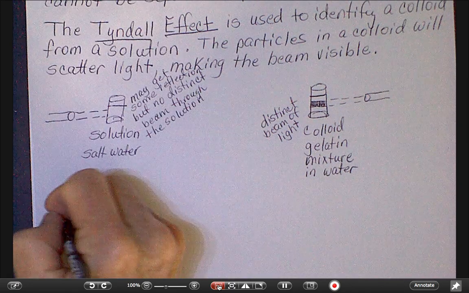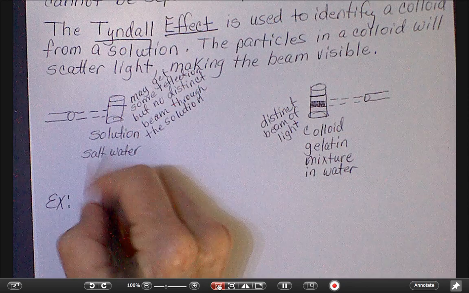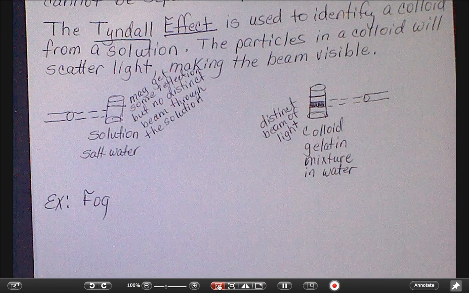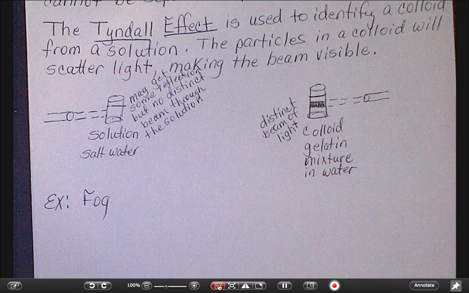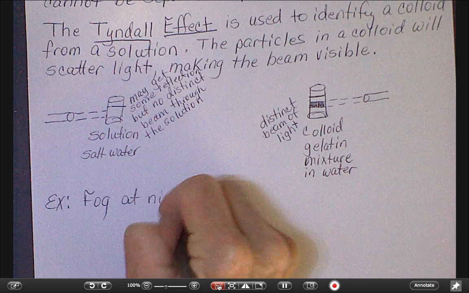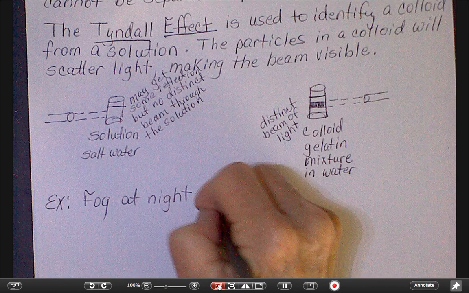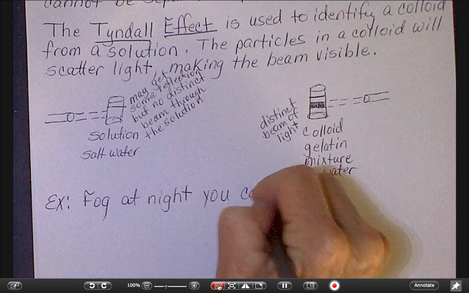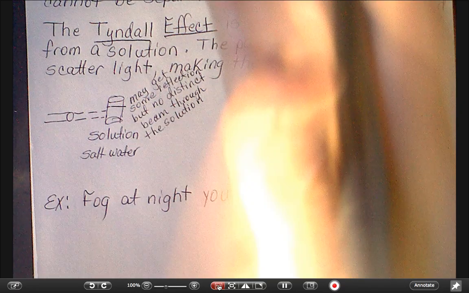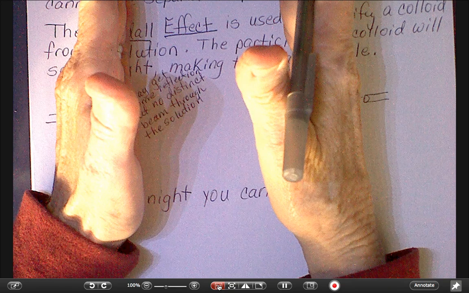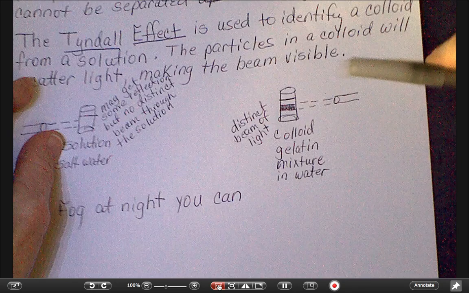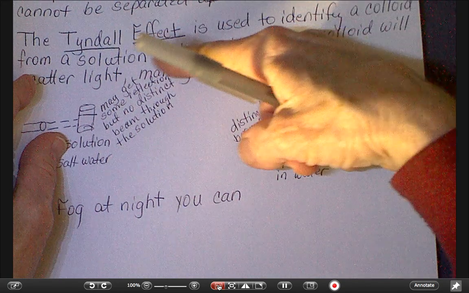An example, fog at night. When it's really foggy at night, you know it's hard to see through your headlights. But the interesting thing, if you were standing out to the side of your beam of headlights, say your beam of headlights are traveling this way, and you're standing back over here off the side looking towards the beam of the headlight.